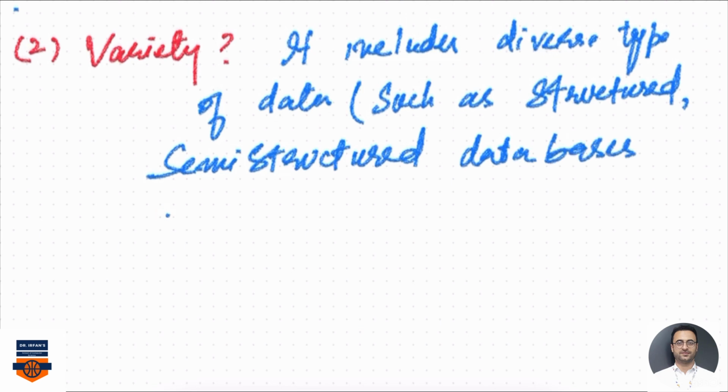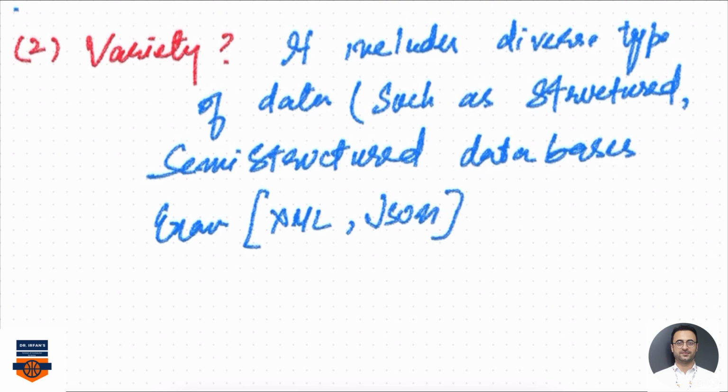For example, XML and JSON. These are examples of the variety of databases which we handle in big data sciences, irrespective of whether they are structured or semi-structured. We play with a diverse set of databases in big data, and the examples are XML and JSON.